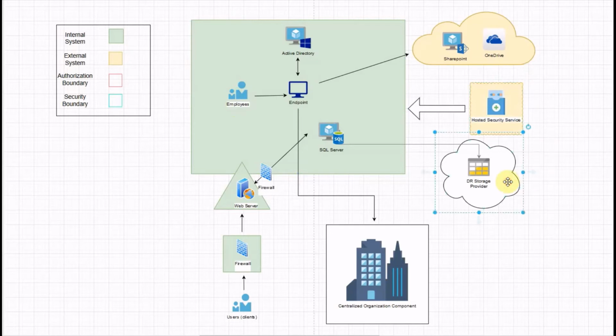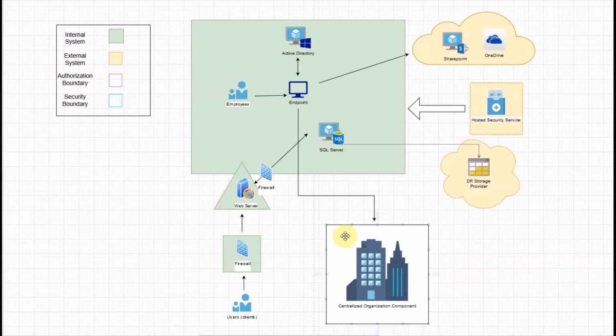And we have our DR storage provider here. And it kind of makes sense from a business continuity and disaster recovery perspective to have our solution in an alternate location. And because this storage provider in this topology is not fully controlled by us, again, it's a provider, that's going to be external to the information system.